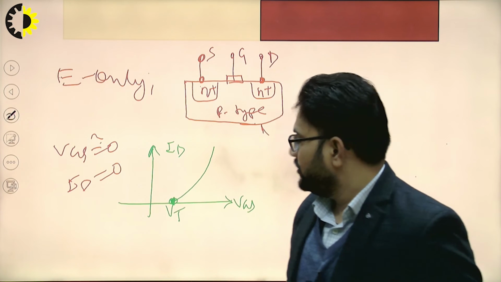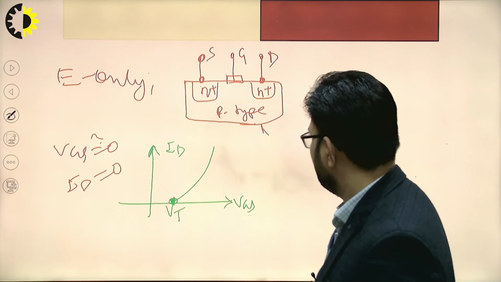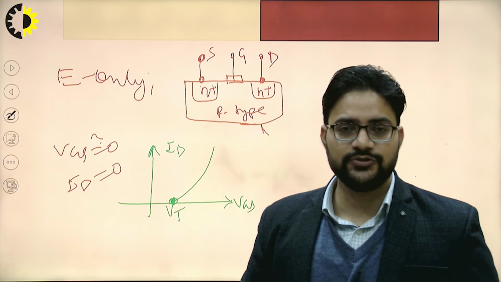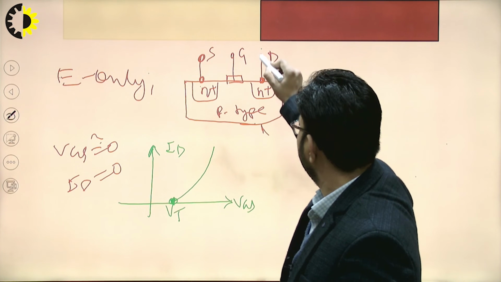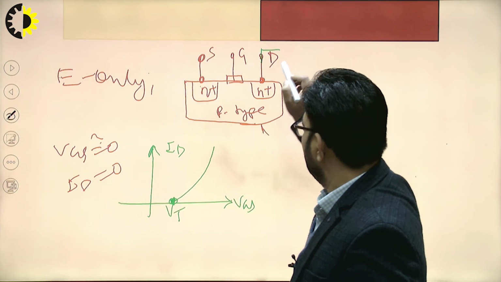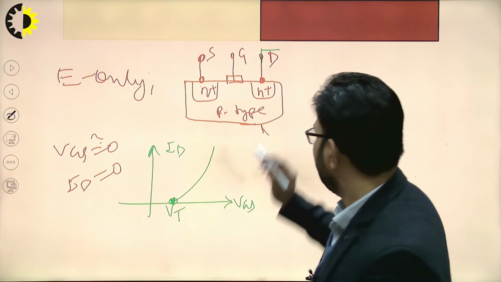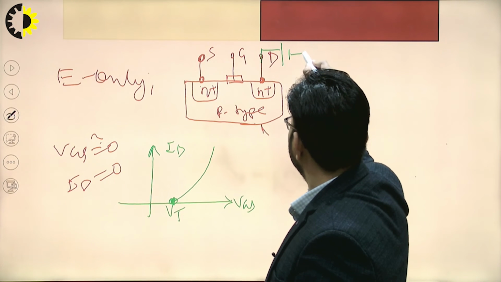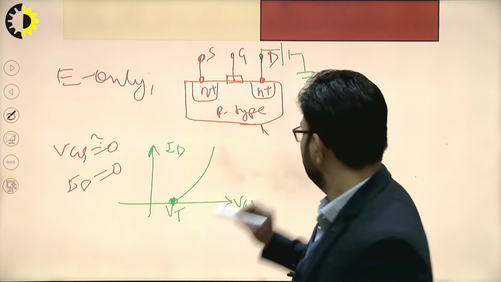Now, if I talk about the drain characteristics, what we have to do is keep this VGS constant, and we have to apply the VDS value, right?